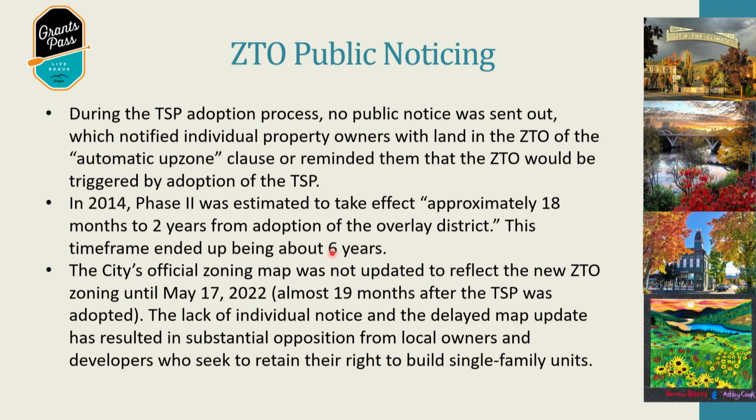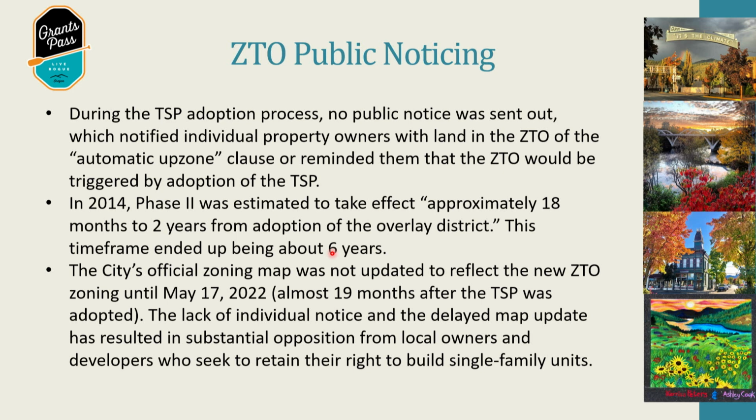It was in the code, and property owners were notified in 2014 that this would be the case, but it ended up being 6 years until that actually took place. But in October 20, when that transportation system plan was adopted, that individual property owner notification didn't take place.